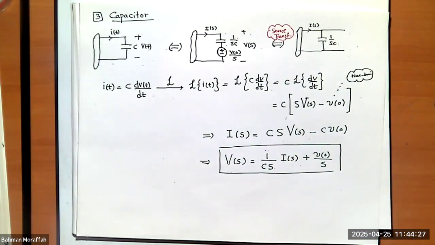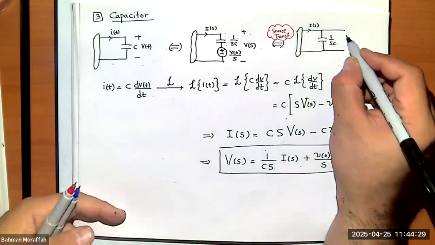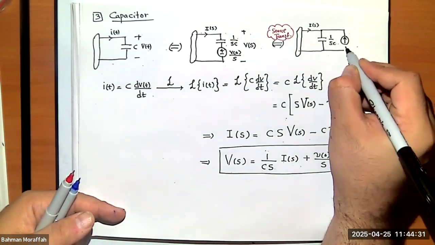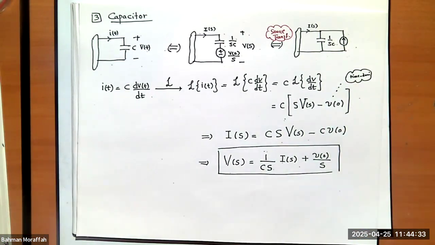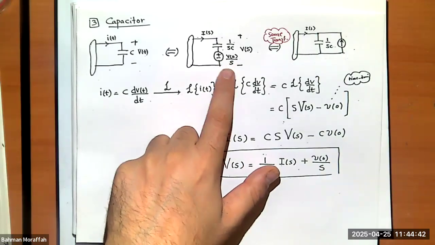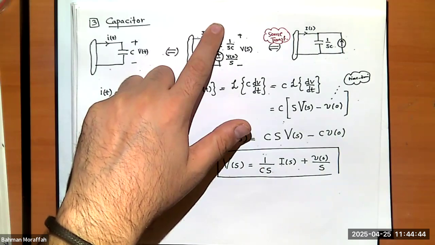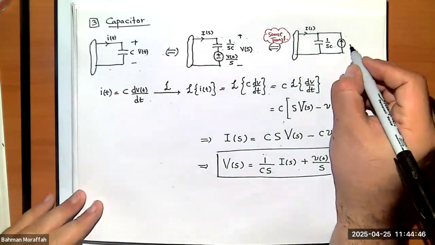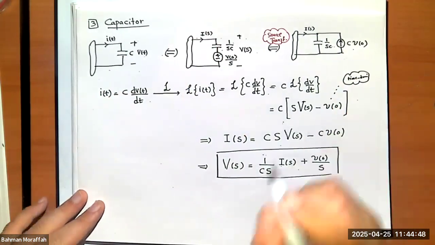What is it? Upward. So it is upward. What is the value of it? Again, it's V over Z. So it is V naught over s divided by 1 over sC. What is it? C times V naught.